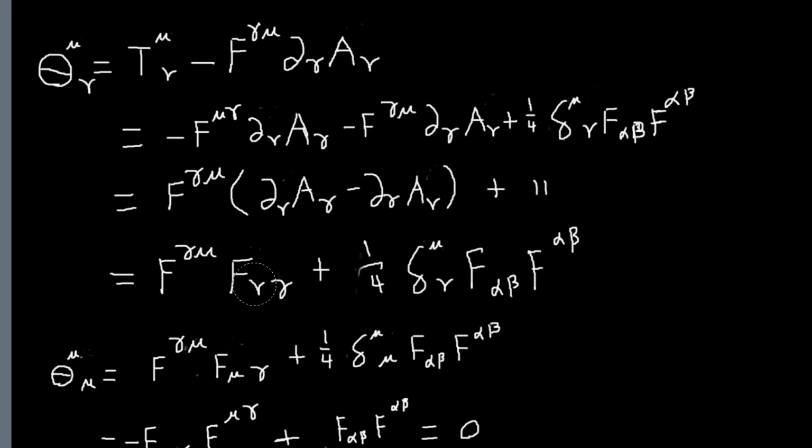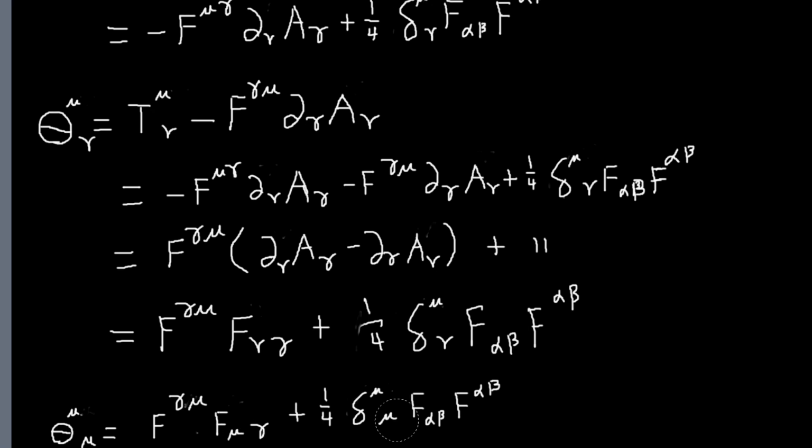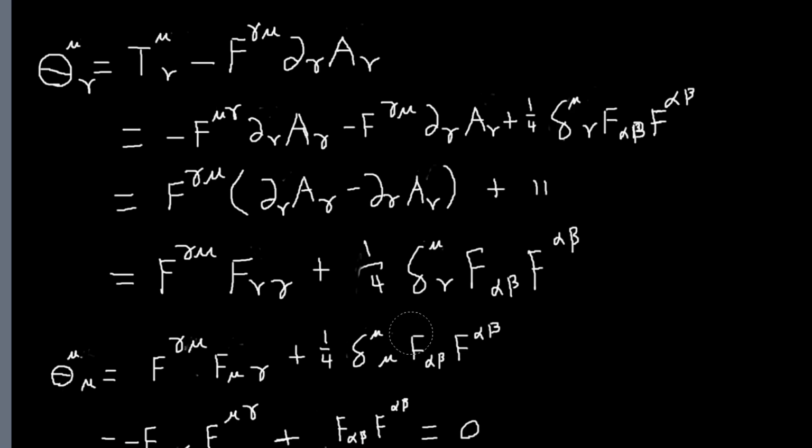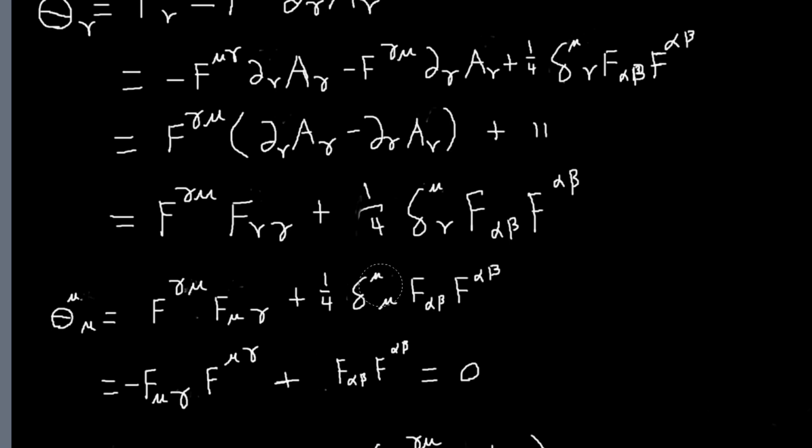So just plug in, changing nu to mu here, and summing, we get this expression. But this, summing over the Kronecker delta's diagonals, it's just 4 ones. So we get a 4, and that cancels with this 1/4. So we're just left with F alpha beta F alpha beta.